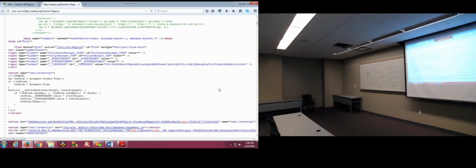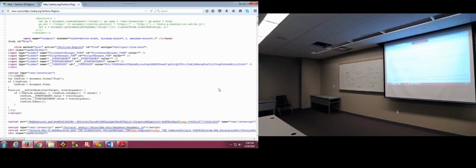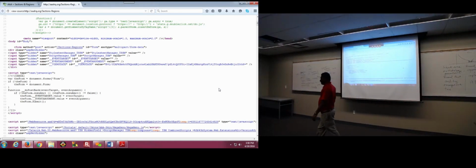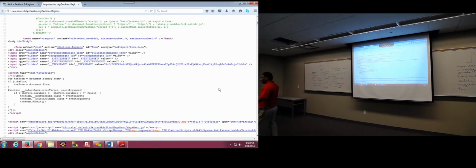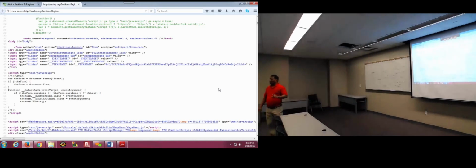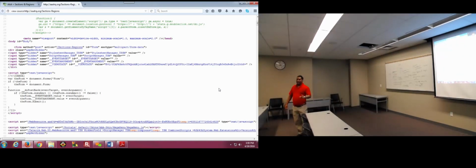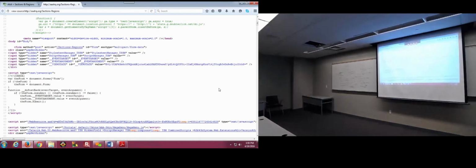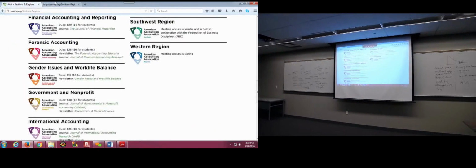What XBRL does is use a form of computer code, not HTML, but what's called XML, to tag information in a financial report. Why do you do that? So that it's machine readable, like this is. This code is machine readable because you upload it to a browser, and instead of looking like this, it will look like this.